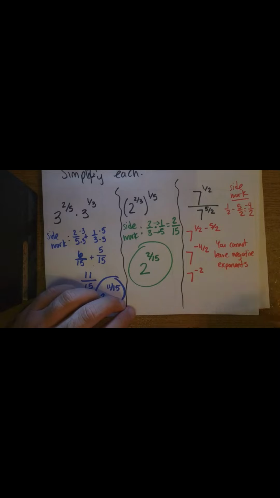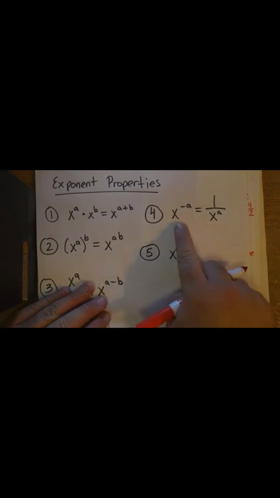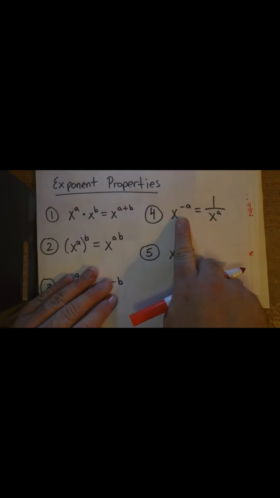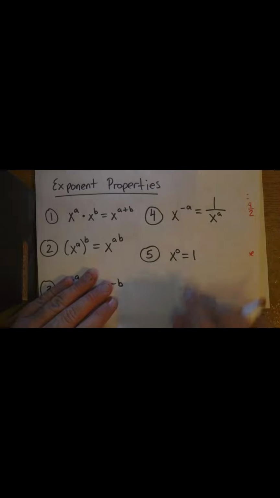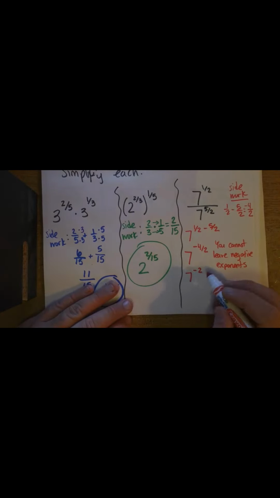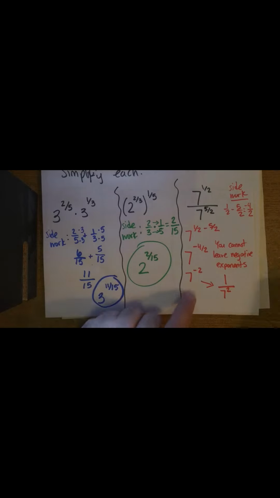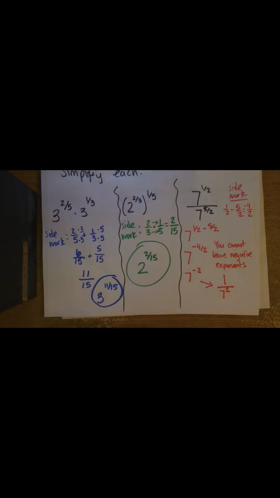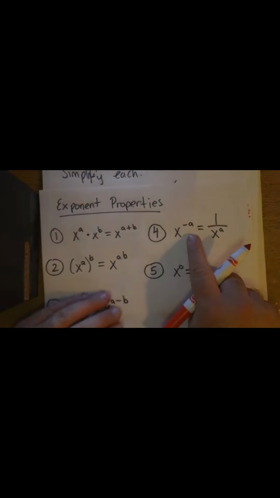And so what do we do? Well, there's another property you wrote down a little bit earlier. I'm going to show you. You wrote this one down. X to the -a is equal to 1 over x to the a. So if I have 7 to the -2, the way I rewrite this is 1 over 7 to the +2. Just take a moment to think about what happened here. And if it helps, look at the property I have as well.